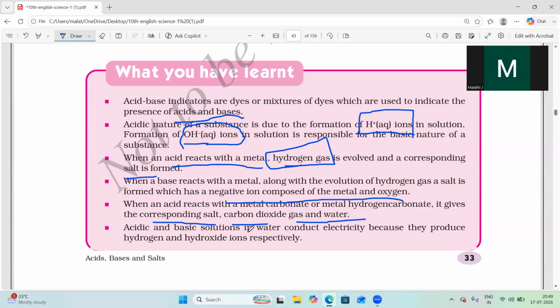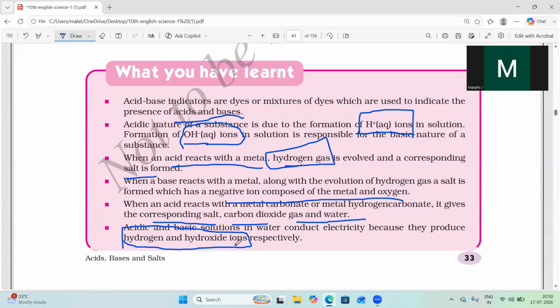water. Acidic and basic solutions in water conduct electricity because they produce hydrogen and hydroxide ions. This is very important. We studied it while explaining the electrolysis process. It is possible to conduct electricity when the acid or base is completely dissolved and liberates H+ ions.